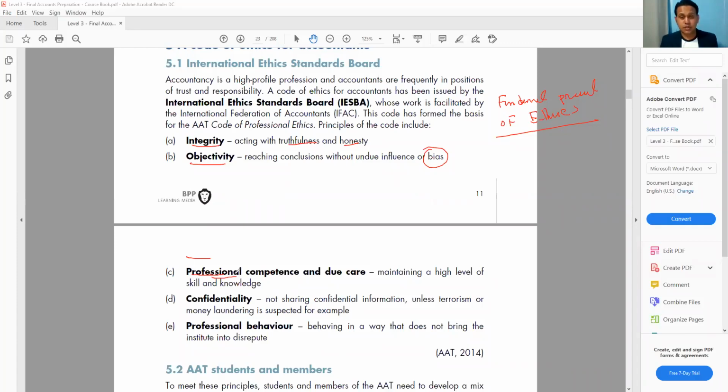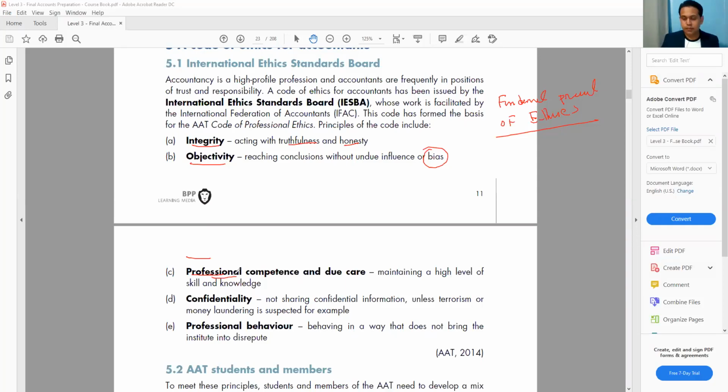So never say to HMRC, my client said he doesn't want to pay the tax, or my client may be involved in tax evasion. What you do, if you see your client is doing something wrong, all you need to tell HMRC is, I am resigning as an accountant from this client, but do not tell why. This is the confidential information.